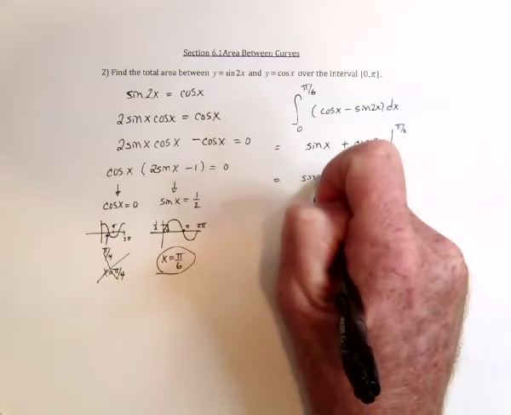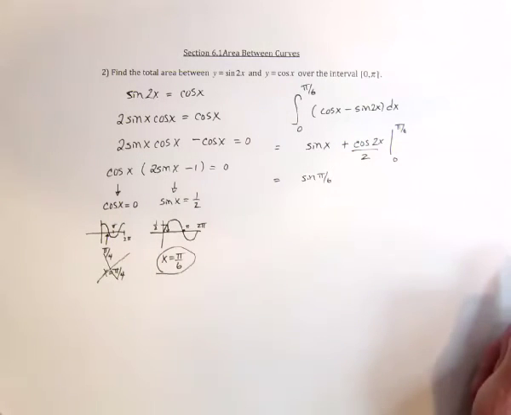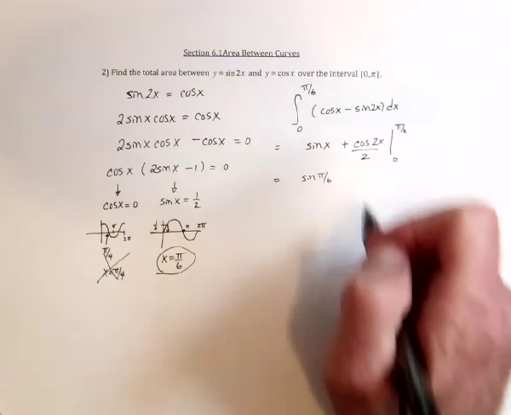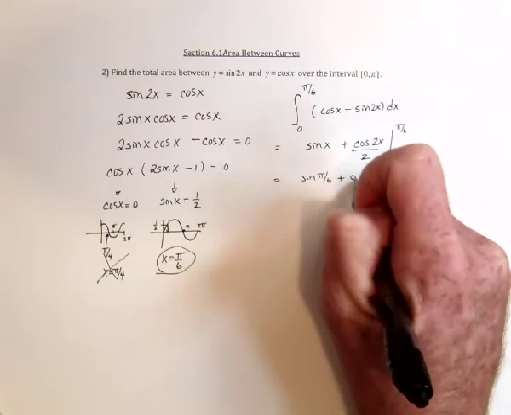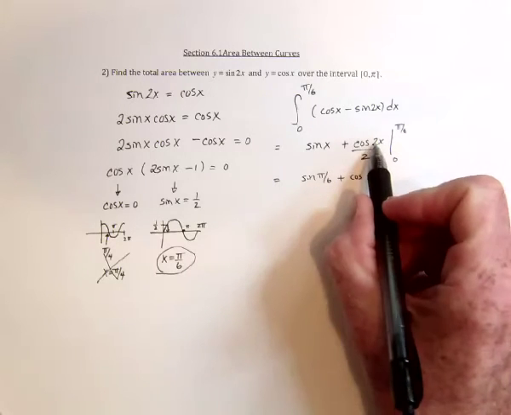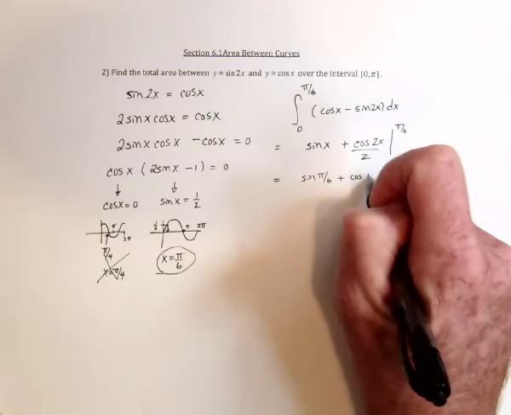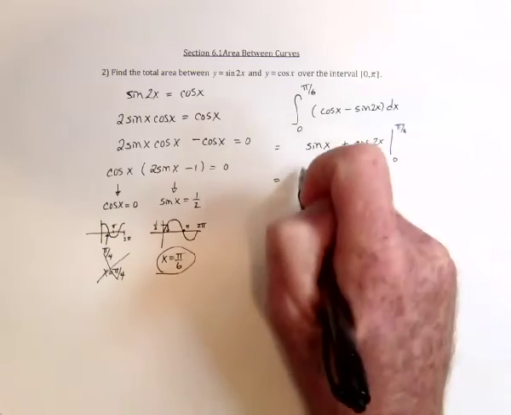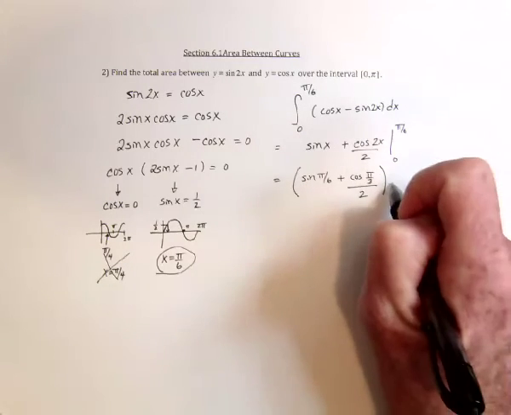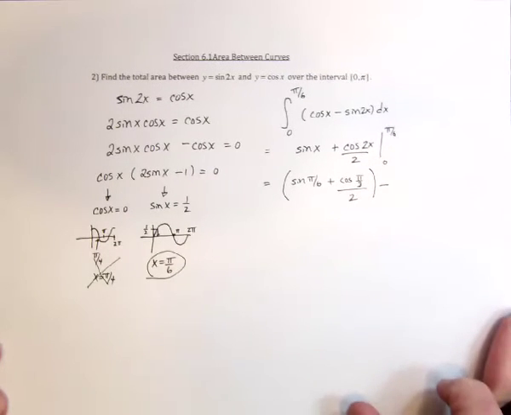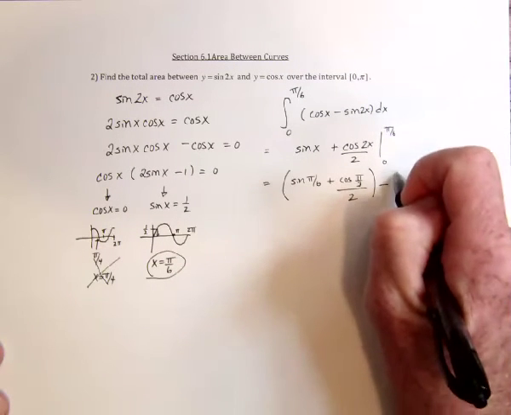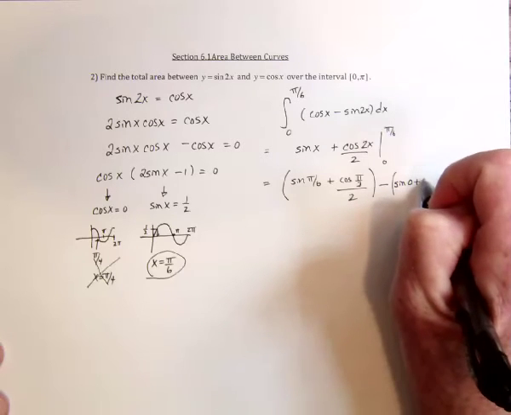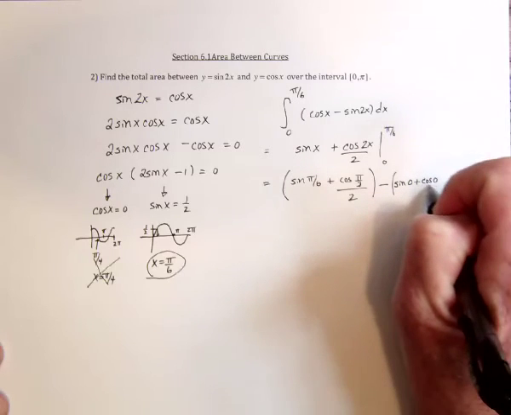So we'd have sine pi over 6. I happen to know that that's a half because that's where we got the pi over 6. Plus cosine, let's see, a 2 pi over 6 is going to turn out to be pi over 3. And divided by 2. Then substitute the 0. So minus sine of 0 plus cosine of 0 over 2.